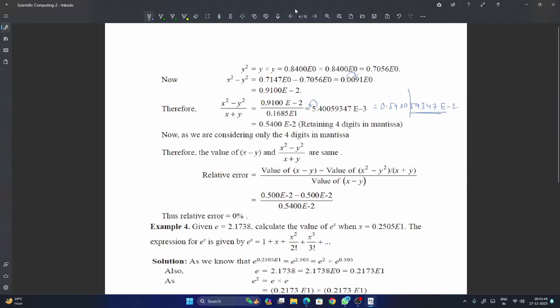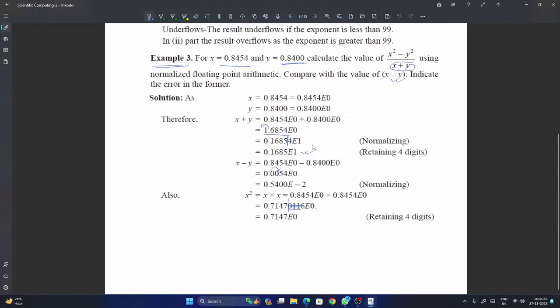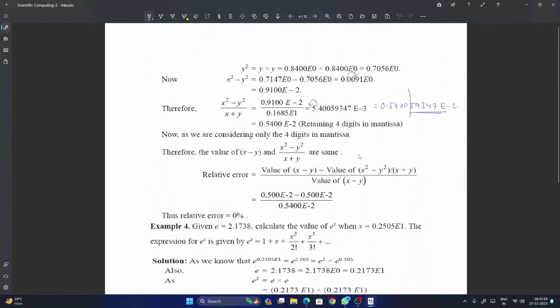So that's why here the relative error will be 0, because if you see the x minus y value in the previous page, it is also the same, 0.5400 e minus 2, and in that machine also 0.5400 e minus 2. So relative error will be the value of x minus y minus the value of the second expression, by the value of x minus y, which we have taken as the original or good value.